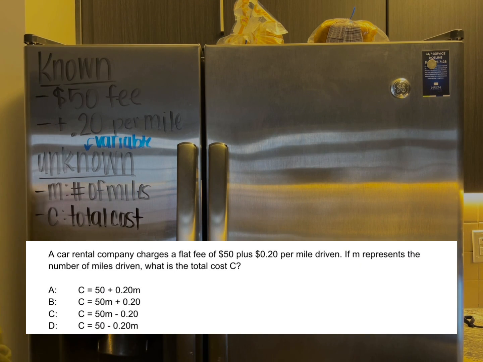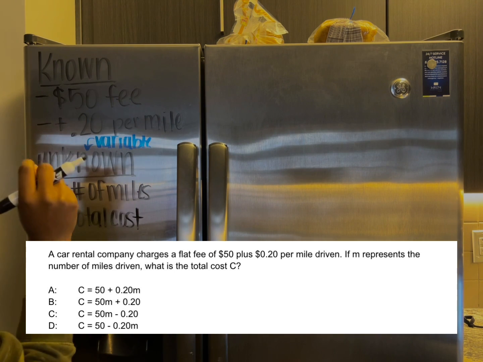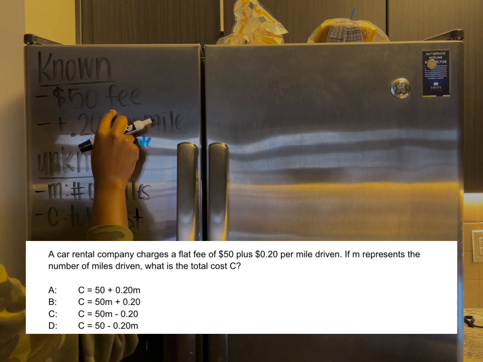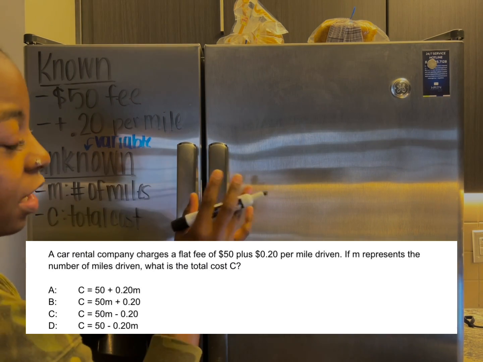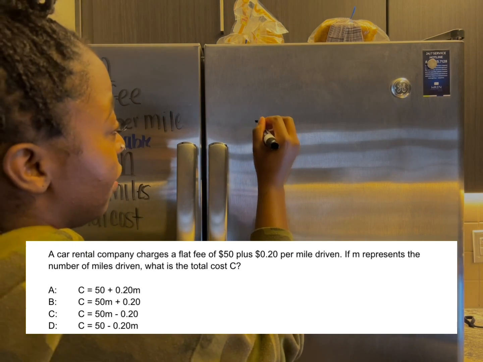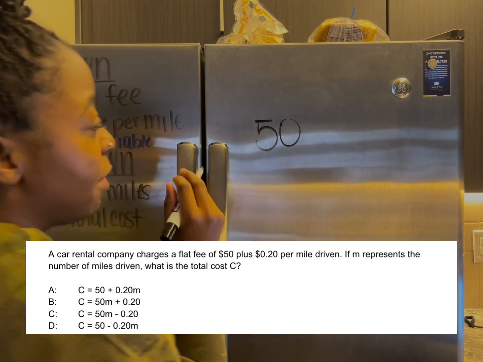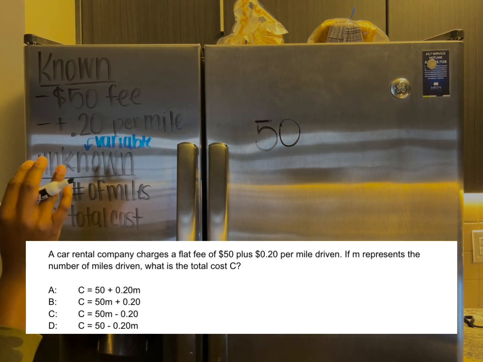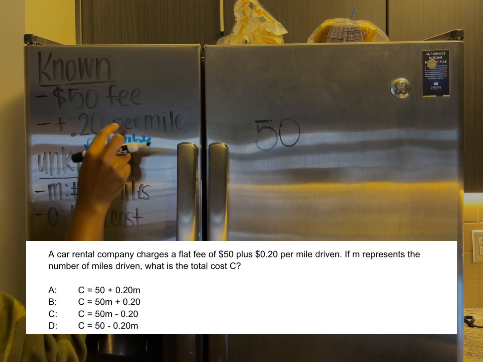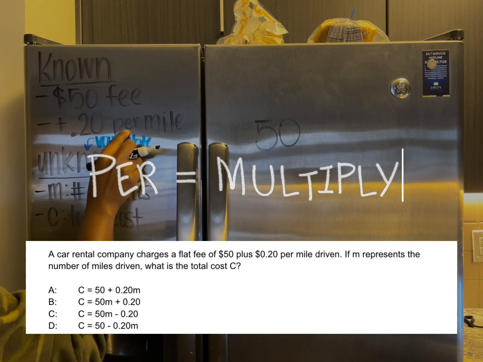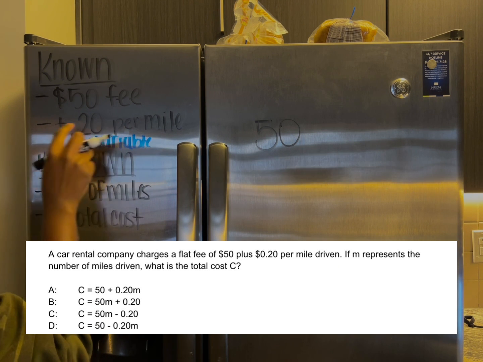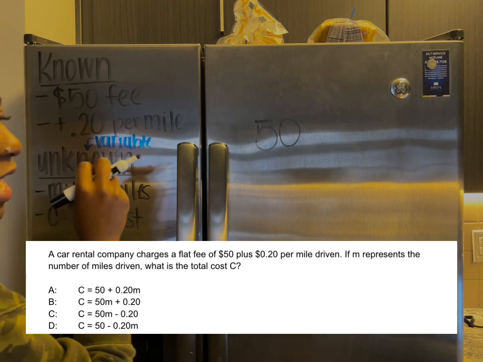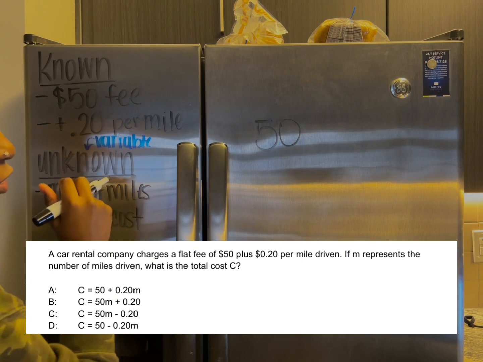So C. If there's a $50 fee, it's flat. That means that $50 is going to be there. It doesn't matter how many miles I drive, I'm going to pay $50 off the top. 20 cents per mile. Per tells us we're going to multiply. And they already told us that we're adding, or plus, 20 cents per mile.